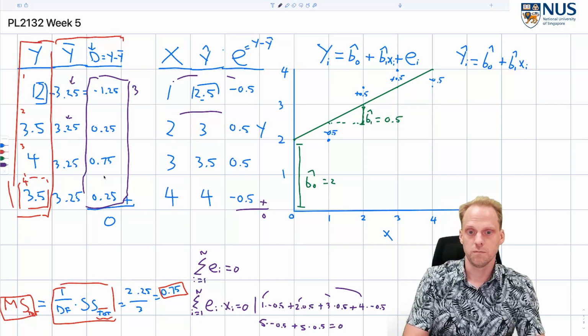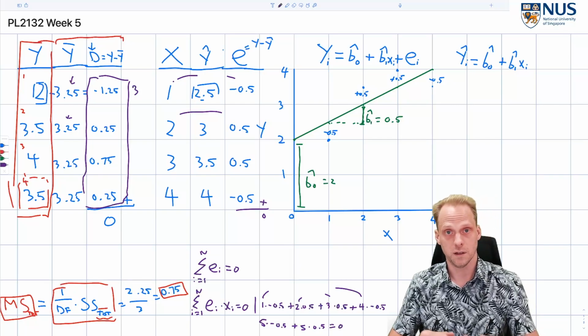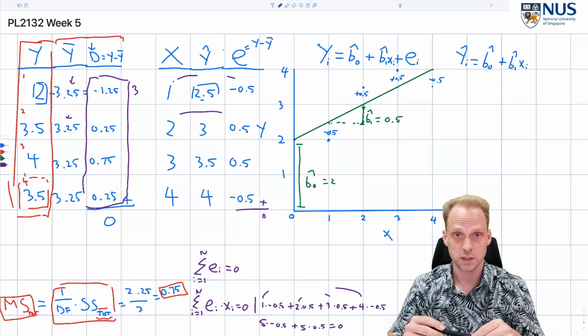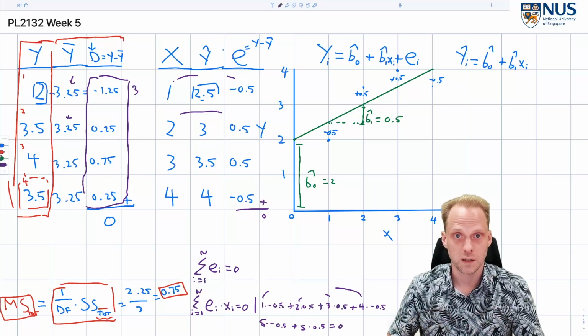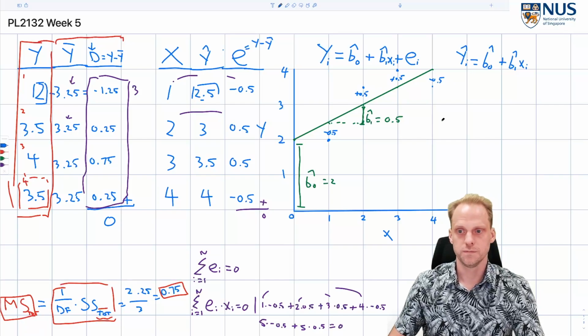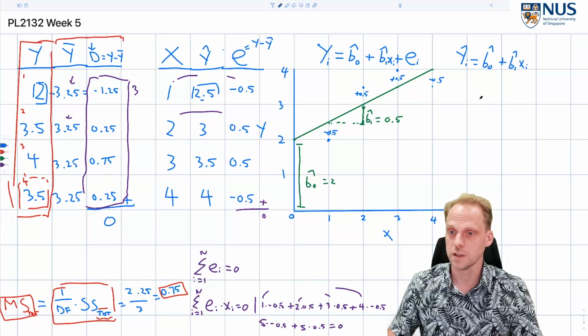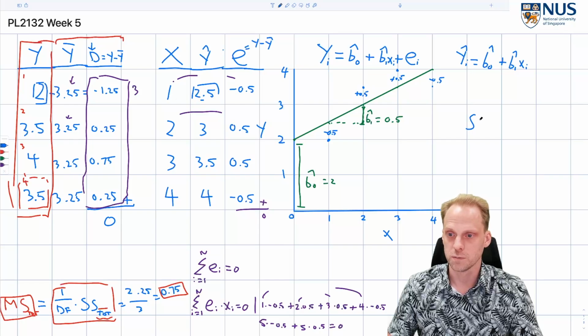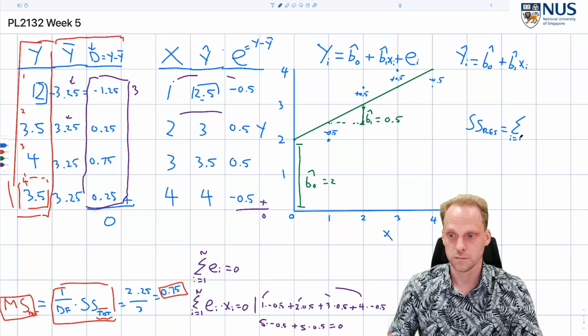So now we want to calculate the residual sums of squares of this model. And we're actually going to do the exact same thing that we did before. Let's draw it here. The residual sums of squares equals the sum of these error terms, not the deviances, but the error terms squared.